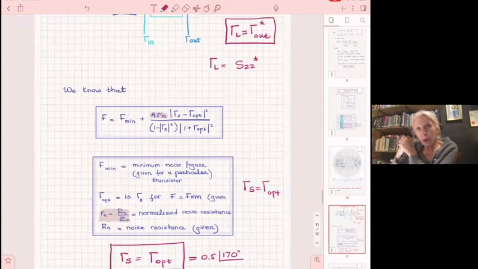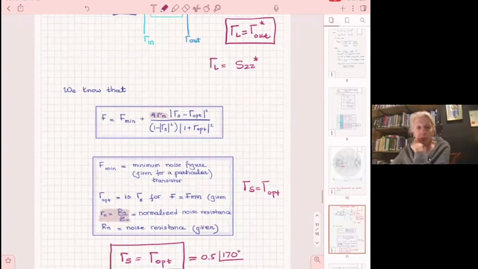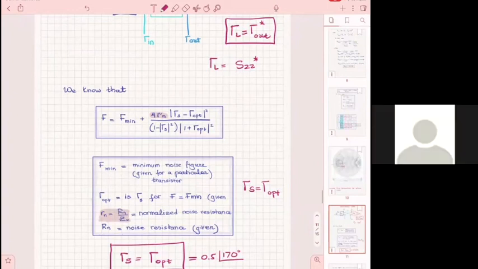So the best way for that case is to use the GP circles. Okay, that makes sense. But we are not going to do that for the final, though. In the final, you're going to have a unilateral transistor.